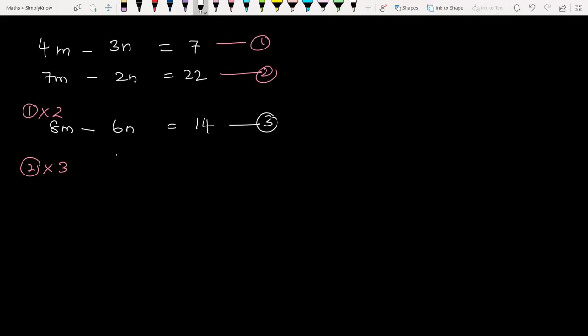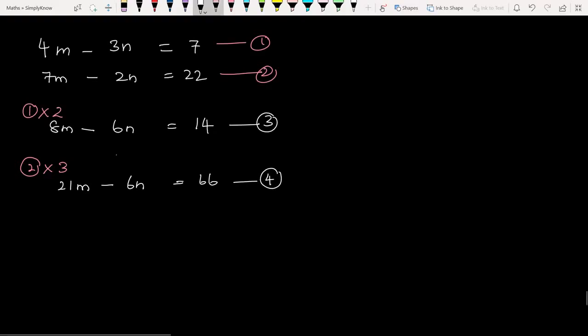Then the second equation we need to multiply by 3. 7m times 3 is 21m, minus 2n times 3 is 6n, equals 22 times 3 is 66. And this is our fourth equation.